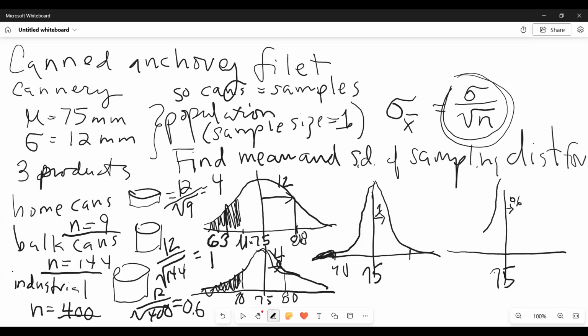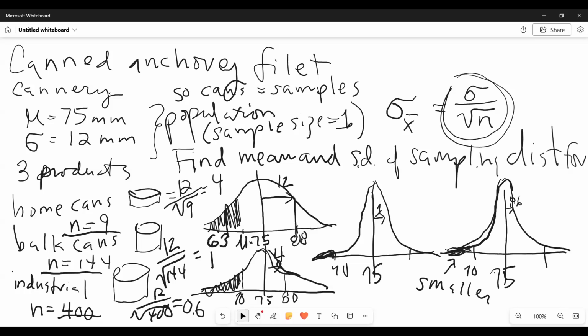We go out to 70 again. Well, I didn't draw this very well. It's going to be an even smaller area under that curve. So this should be smaller. My sketch is just that.